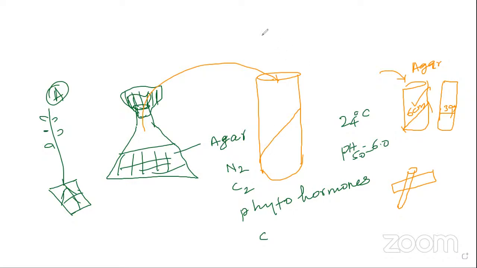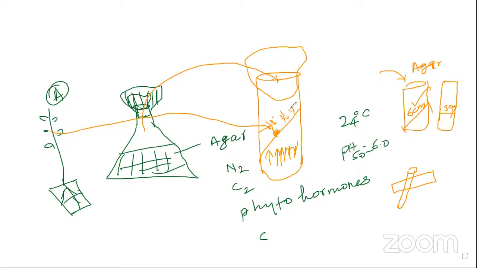Plantlets, that is very, very important. Here we are placing the plantlets under aseptic conditions only and kept under light sources and so on. Then the plant meristematic tissues absorb the nutrition and grow.